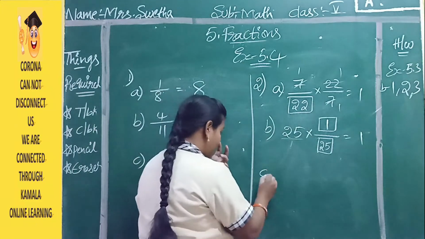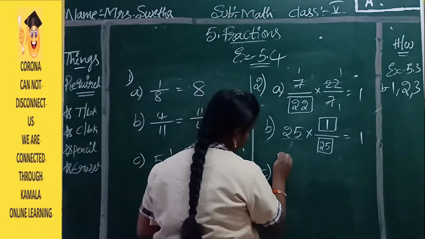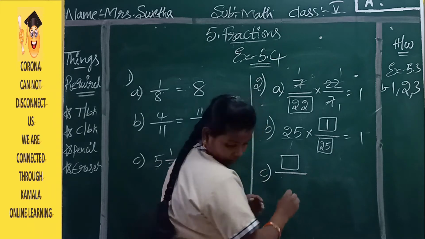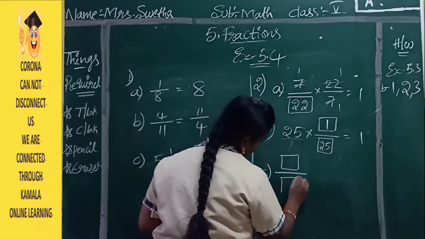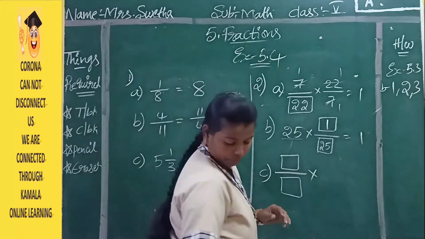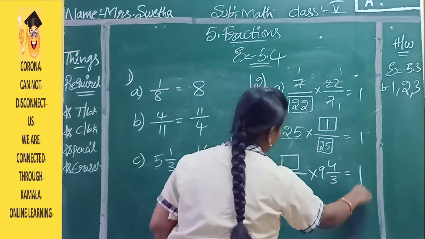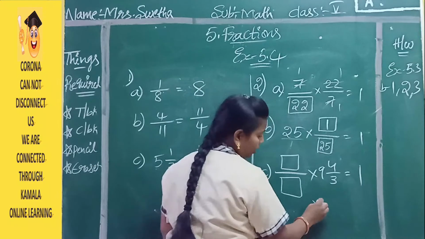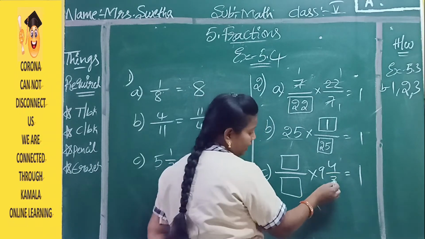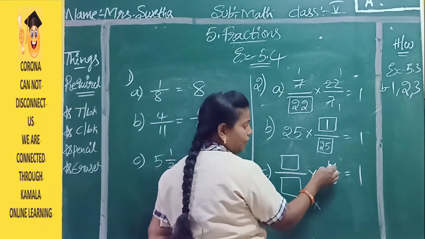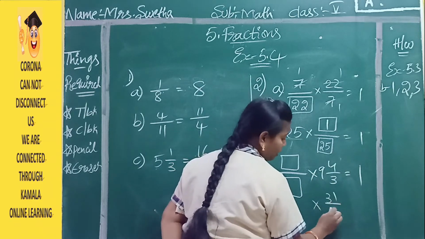Okay. Now see the third one. It is a little different. Dash and dash into 9 4 by 3 is equal to 1. First you have to decide what fraction you have here. 3 nines are 27, 27 plus 4 is 31. So you have 31 by 3.